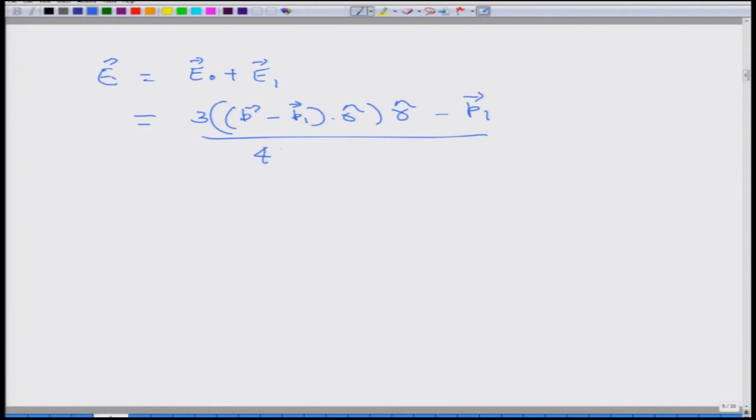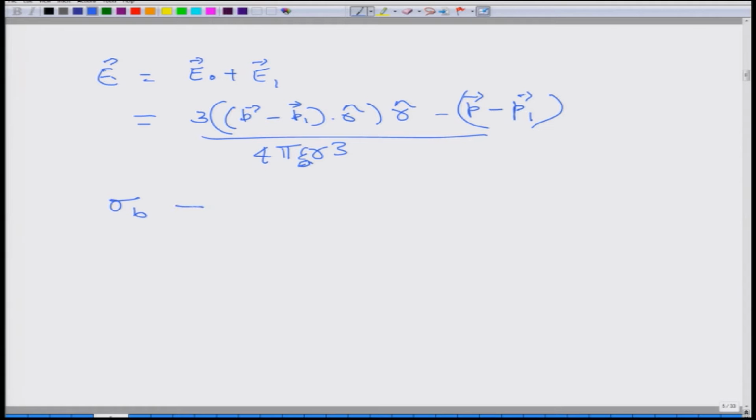Therefore we have the electric field which is equal to E0 plus, because of this new dipole we will have a net electric field E0 plus E1, which will be given by 3 (p minus p1) dot r cap in r cap direction minus (p minus p1) divided by 4 pi r cube epsilon. Okay.